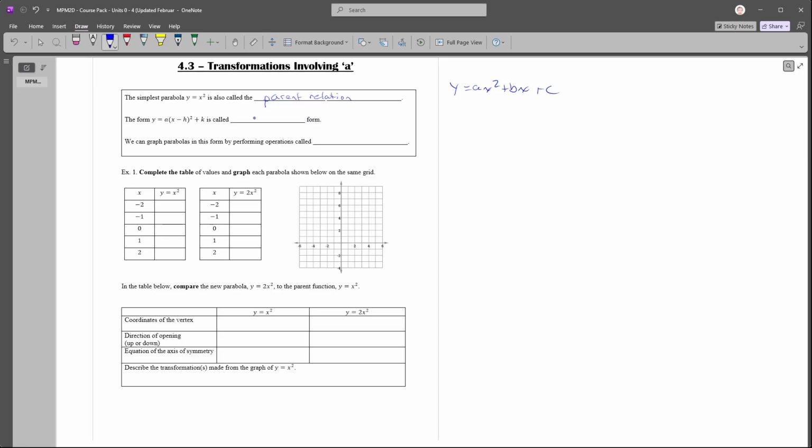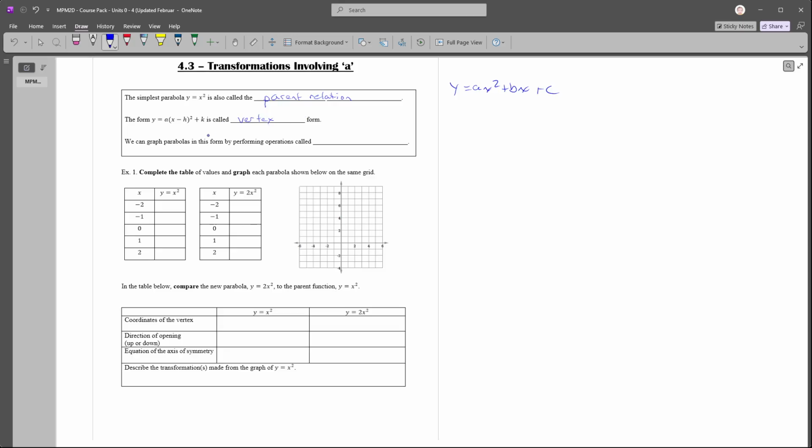Now, we can rewrite this equation in the following form. y is equal to a times (x minus h) squared plus k. This is what we call vertex form. The reason why it's called vertex form is because we can figure out what all the variables are from the vertex, but we can also look at the equation itself and determine the vertex.